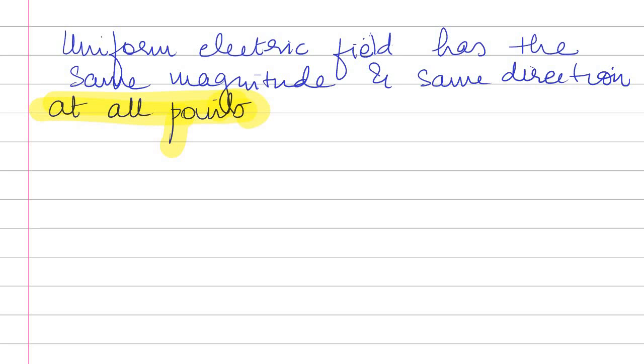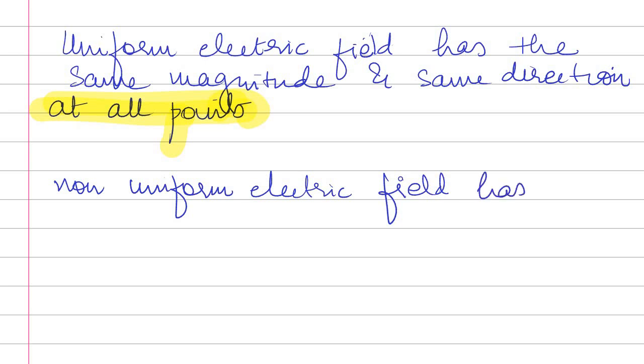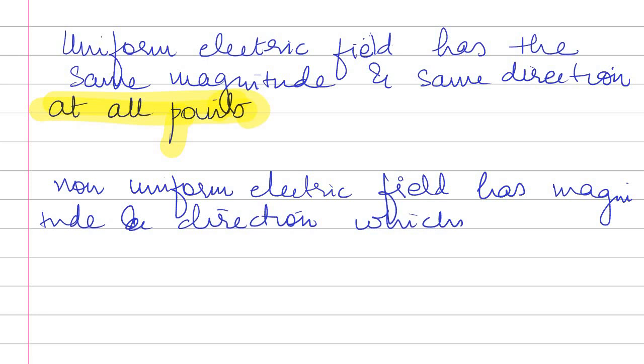And a non-uniform electric field has unequal magnitude or direction. The magnitude is not the same at every point.